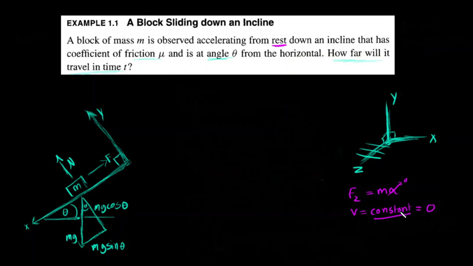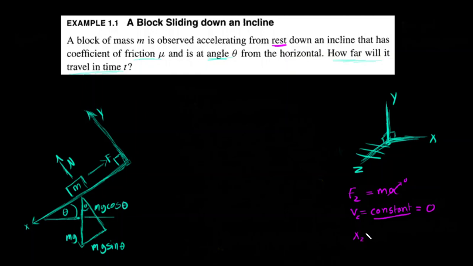That's the velocity in the z direction. Now, what about the position in the z direction?